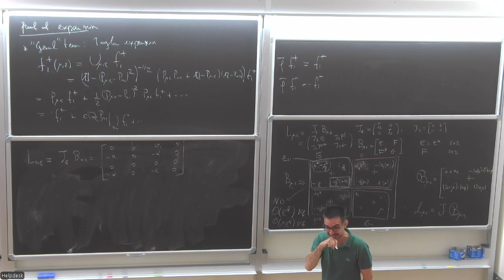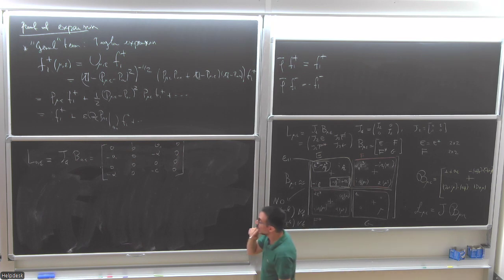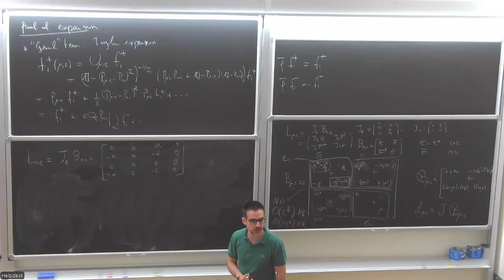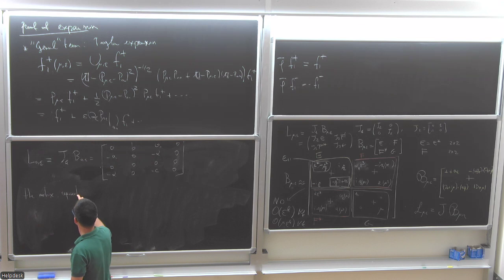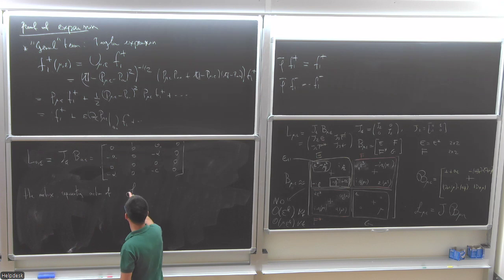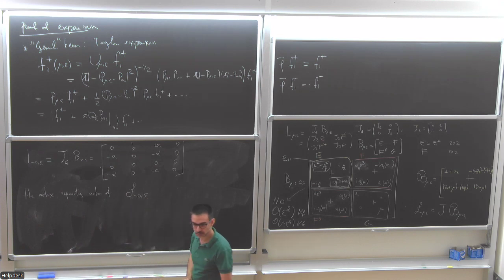So this is the 4 times 4 matrix representing the action of L0 epsilon on the subspace B0 epsilon.